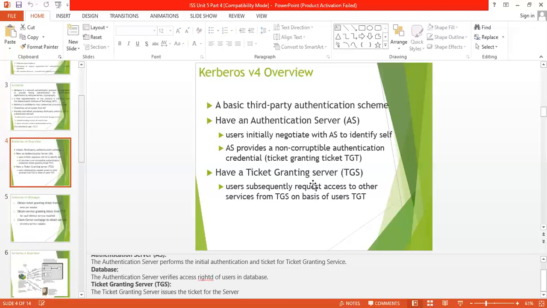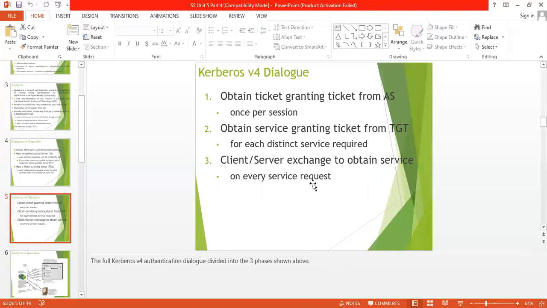There are basically three phases of the V4 dialog. One is to obtain the ticket granting ticket, obtain the service granting ticket, and the client-server exchange. Obtaining the ticket granting ticket from the AS is once per session, meaning it is only valid for one session.